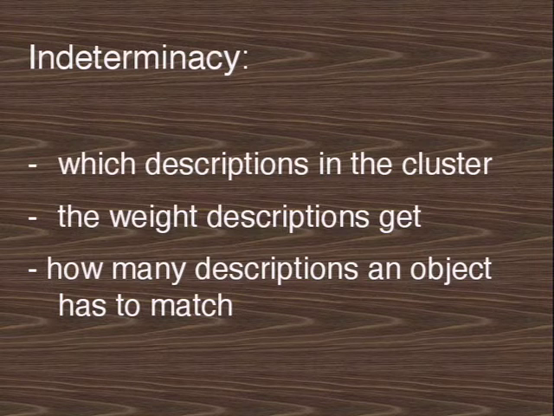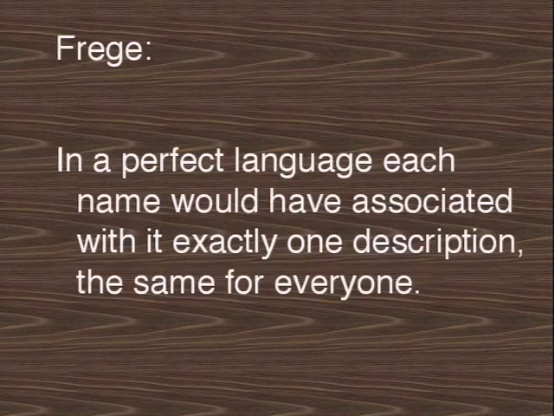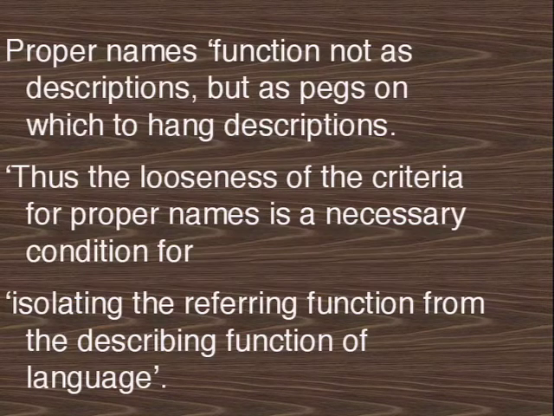So Frege was saying, in a perfect language, each name would have associated with it exactly one description, the same for everyone. And as that last set of questions well brought out, that's going to be a very complicated and cumbersome procedure. And Searle's idea is, no, the whole point of having names is round the other way.